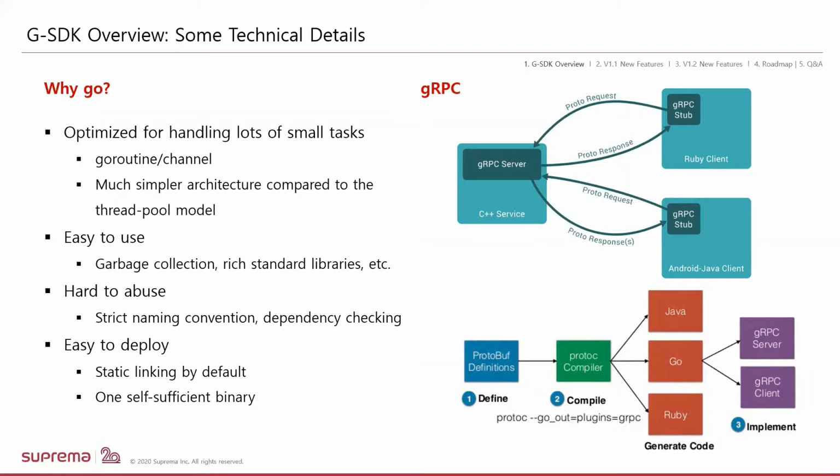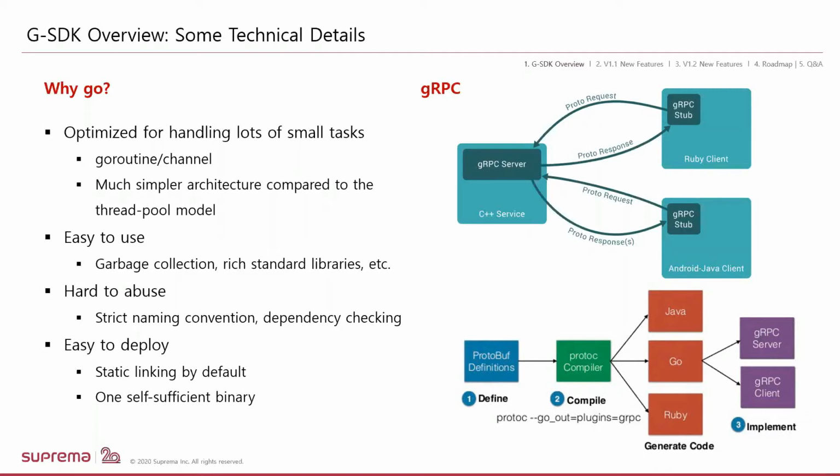But the thread pool model can be problematic, especially when the number of devices exceeds 100. But in the case of Go, Go was developed by Google especially for that kind of scenario, so it can handle thousands of concurrent tasks with very little system resources.